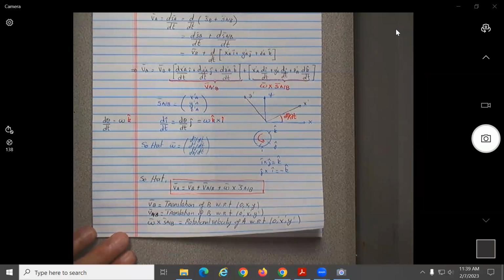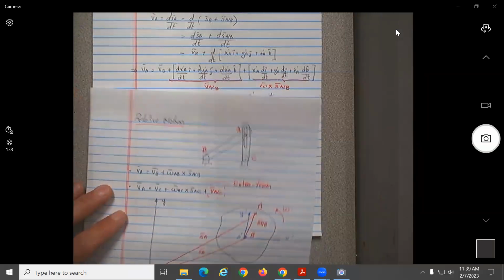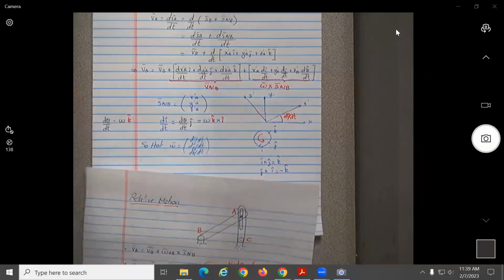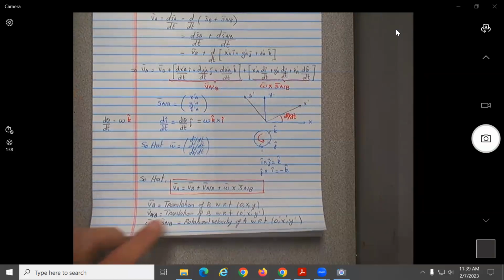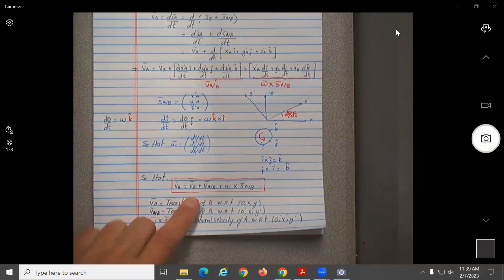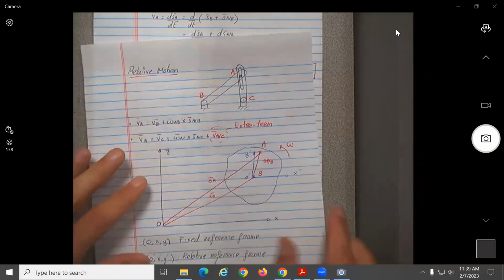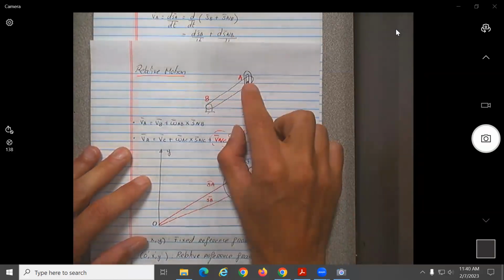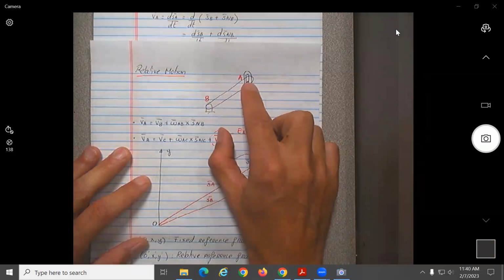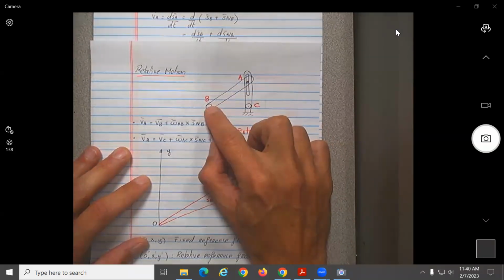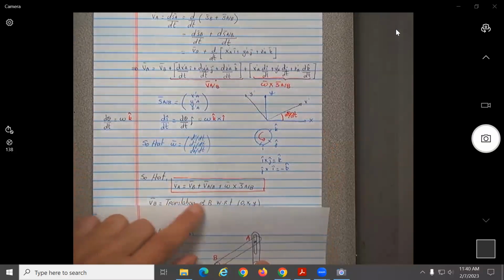Okay, so here is my trick. I mean, it's not my trick, it's the way to look at it. So the problem now for you is when do you need to use this equation with the 3 terms, or do you need to use this equation with the 2 terms? The hint is that if the distance between the 2 points remains constant all the time, do you need this term?